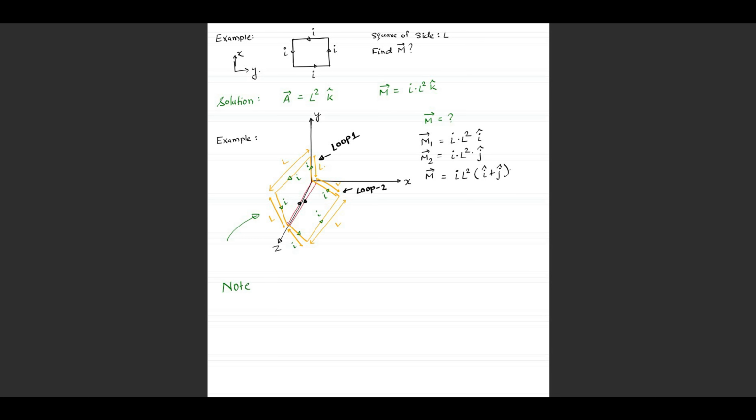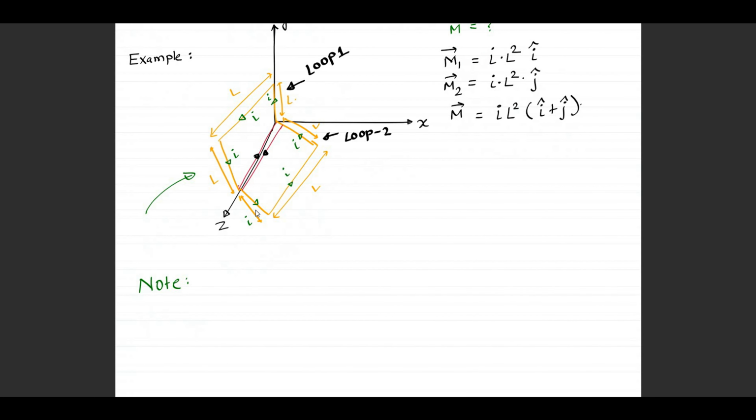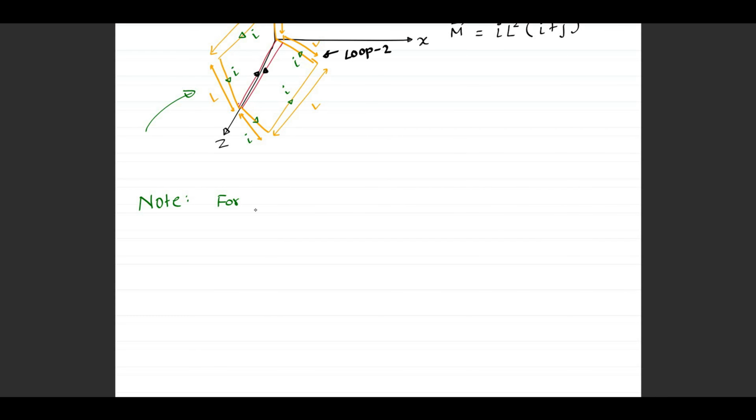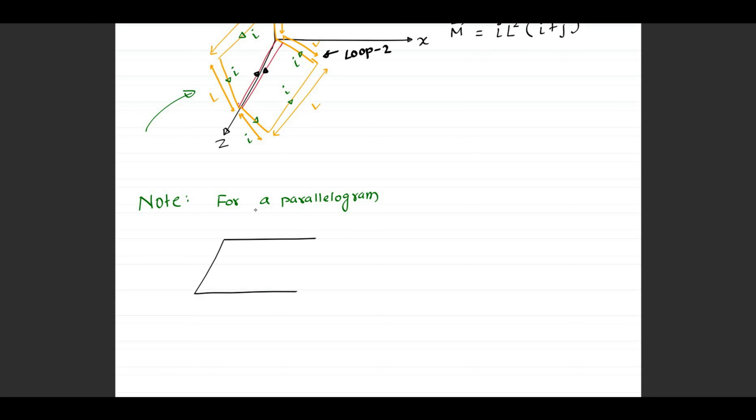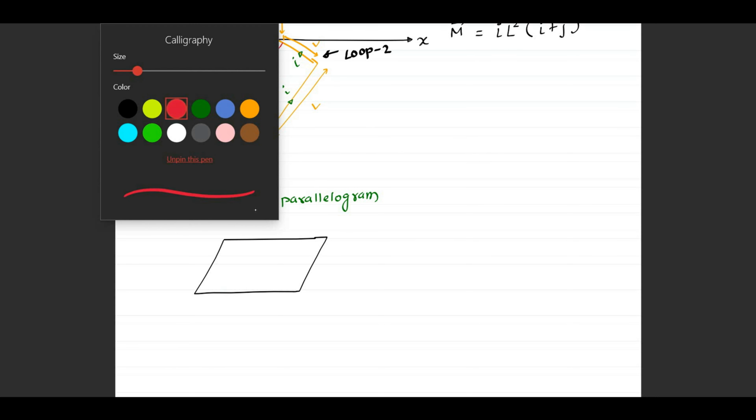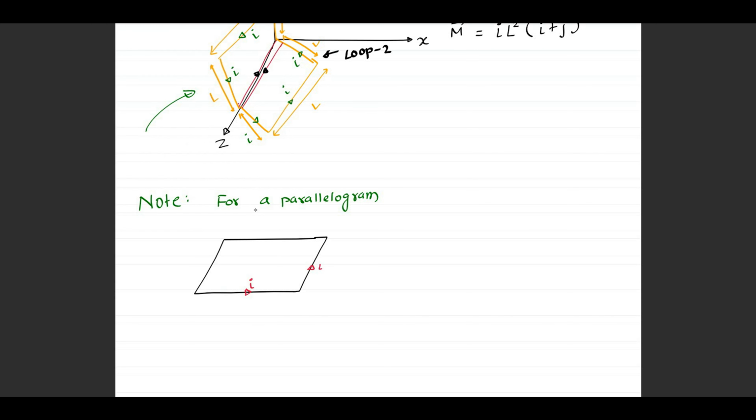Okay. Note, for a parallelogram, say carrying current, area vector for this parallelogram will be AB vector cross BC vector, right?